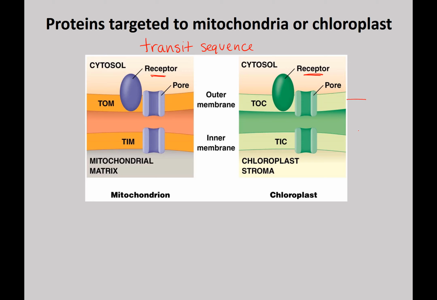Remember that these organelles have double membranes, so they have an outer membrane and an inner membrane. And you've got Tom and Tim and Toc and Tic, right? And so these are where the transit sequence binds to the outer membrane or the inner membrane of the mitochondria or the chloroplast. So we're going to look at mitochondria because all eukaryotic cells have that. Chloroplasts only in the green ones.